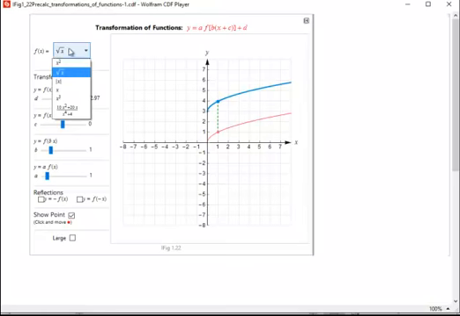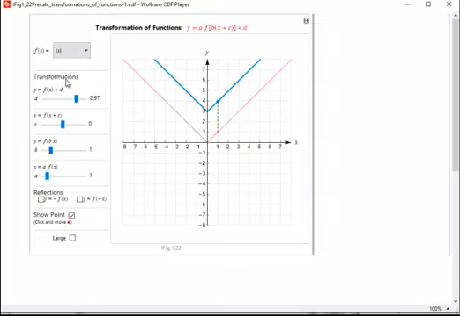Let's go to the next one. Absolute value of x, it's going to look exactly the same, only now, once again, all the points on the original absolute value parent function, which are red, everything has shifted up 3.